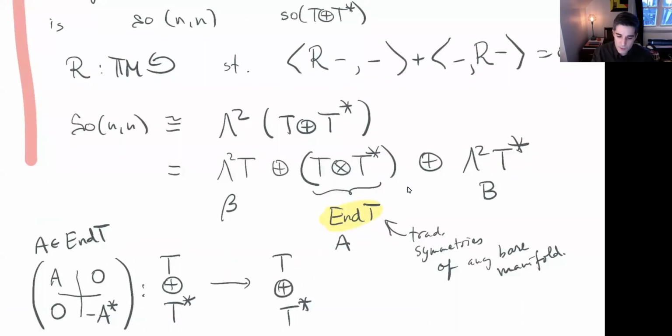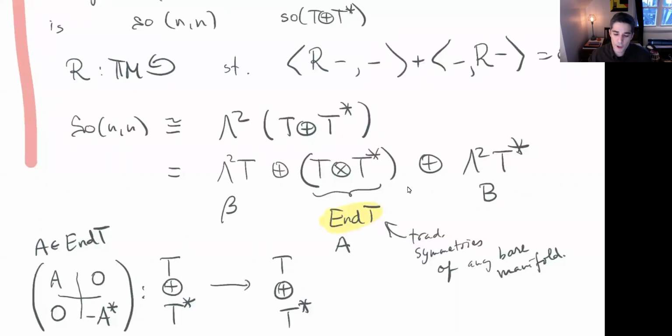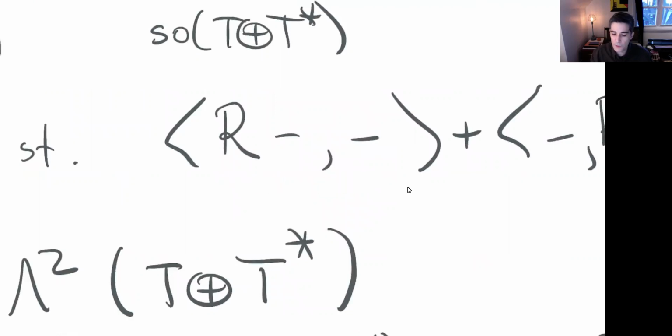This condition, it will preserve the natural pairing between T and T star. You can kind of see what's going on: if you apply A to a vector, and then pair that with a covector, that's the same thing as if you had applied A star to the covector and paired that with the vector. So you could either apply A to the vector or to the covector, and you'll get these two terms.